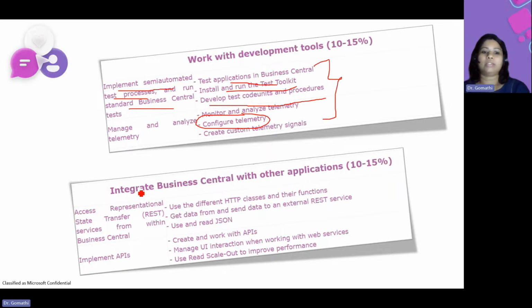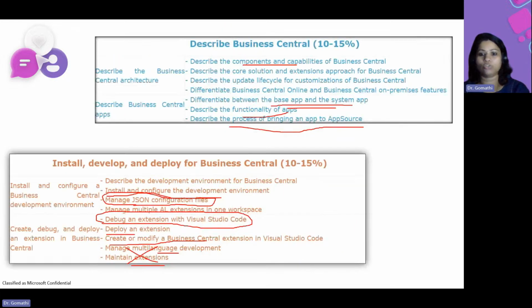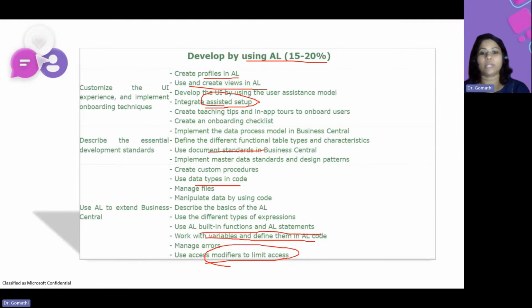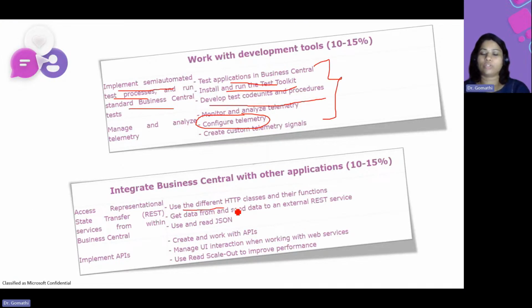The next is integrate Business Central with other applications, which is again 10 to 15 percentage. The thing is how well you can integrate it. You can use the different HTTP classes and their functions. I got questions from JSON, API, scale out.